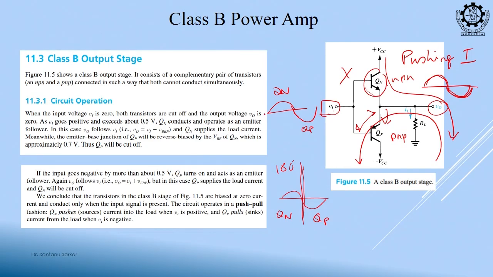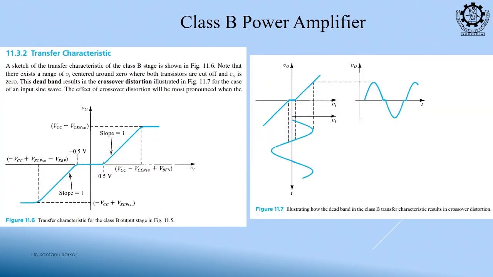So, ideally we assume that this transistor is on at 0, an idealistic situation, but the real situation will be 0.5 to minus 0.5, so this zone you can define like a dead band, right. This is my dead band. During this dead band, both of the transistors are off.